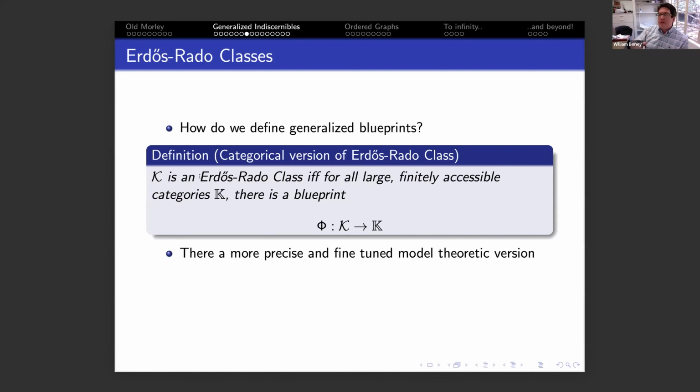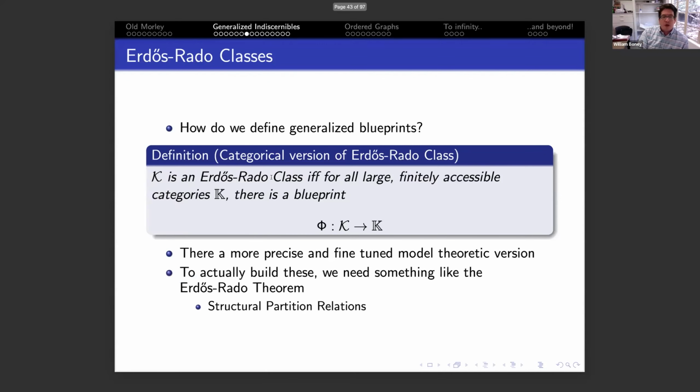And what it turns out is you need a structural Ramsey theorem. And classes of finite structures with a structural Ramsey theorem are called Ramsey classes. So I want a structural Erdős-Rado theorem. So I'm going to use the name Erdős-Rado class. And so this is just an index class where you can always build blueprints. There are some fine details that we're missing here from the category theoretic version, but this is sort of enough.